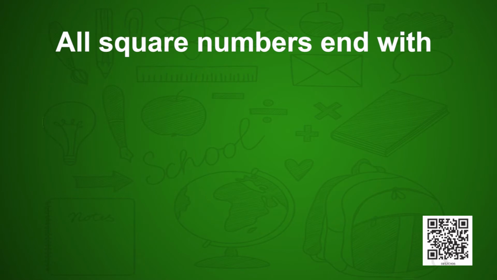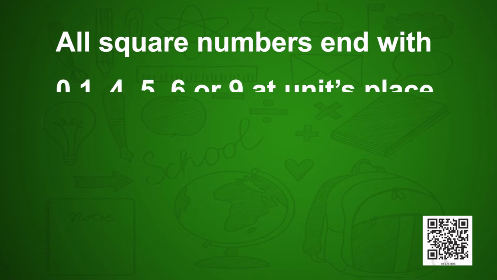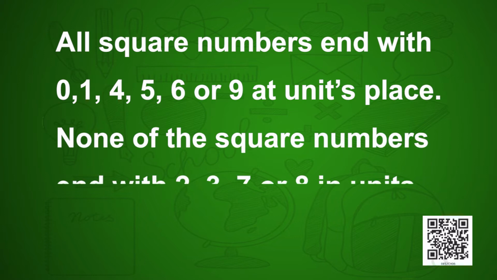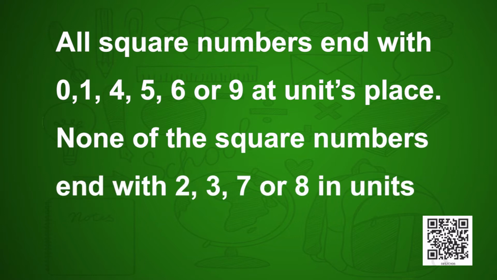So, if you observe all the square numbers, they end with 0, 1, 4, 5, 6 or 9. That means, if you look at all the units places, only these numbers will be present. So, none of these numbers ends with 2, 3, 7 or 8 in its units place.